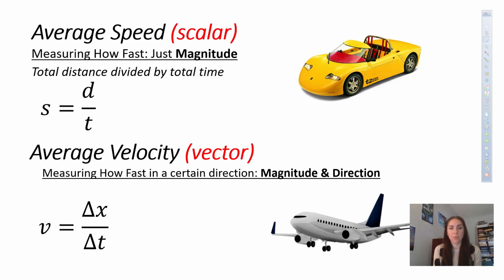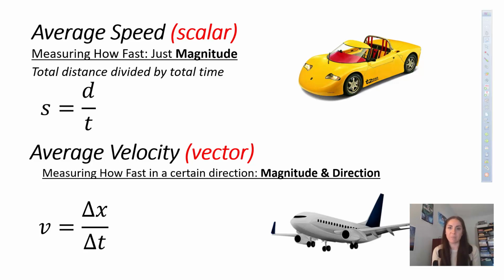That's a scalar. However, if you're in an airplane, for example, you're going to go in a straight line, unless you're dodging a storm or some other thing. Usually airplanes travel with the same velocity. They travel with, say, 100 miles per hour northeast, for example. So that's a vector measurement.